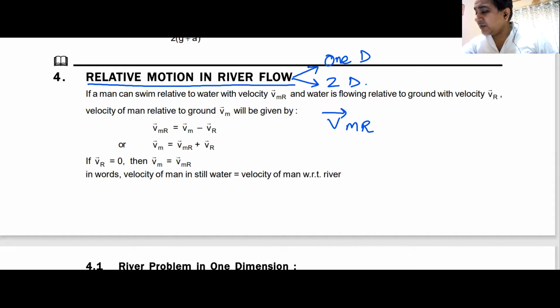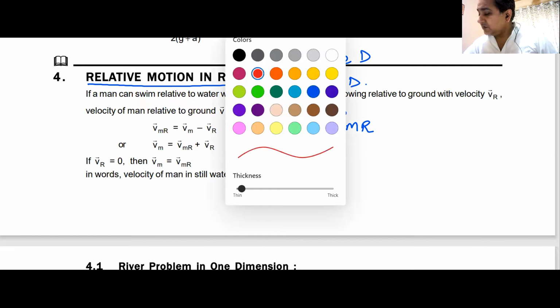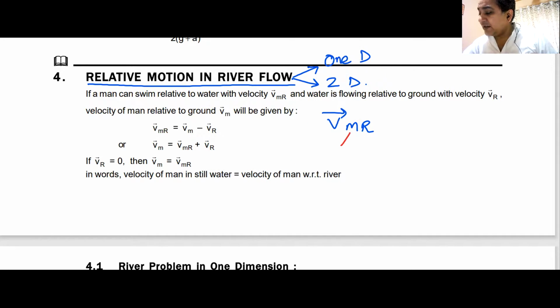Now instead of being man, it can also become a boat. Instead of being a river, it can also become water. So it could be velocity of MW, velocity of MR, velocity of BR, velocity of BW. Let us take the example of VMR.